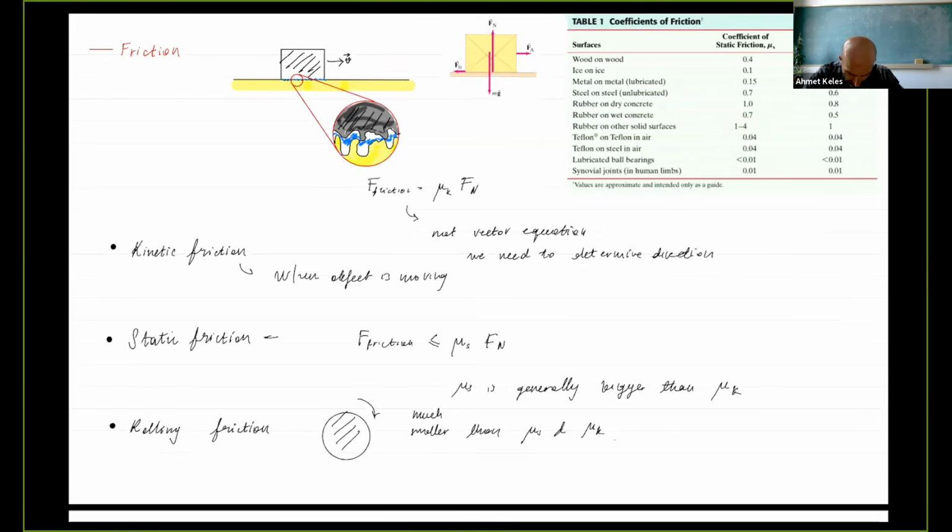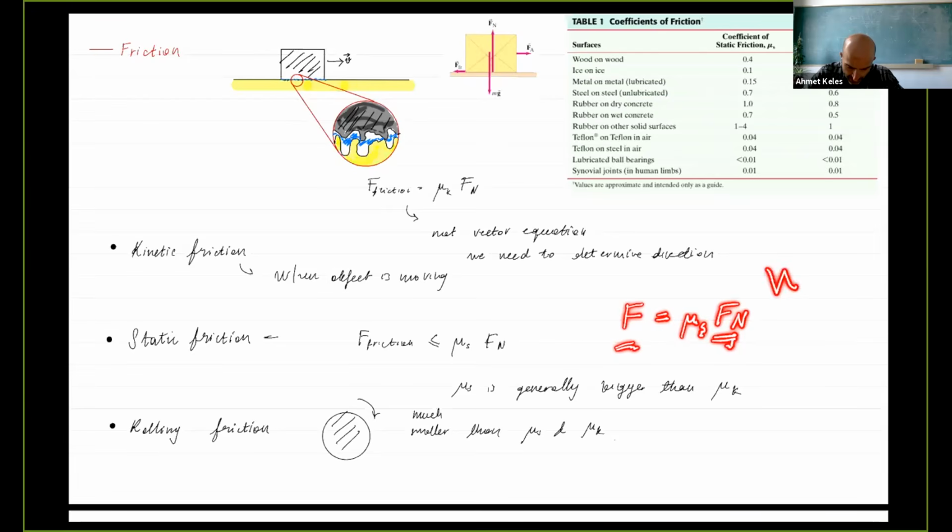What does this mean? You have a friction, and you are saying that it's some proportionality times the normal force. So the normal force is fixed. Let's say we are talking about static friction, and you can increase the friction force while keeping F normal fixed.